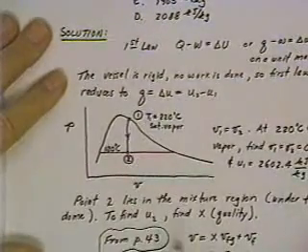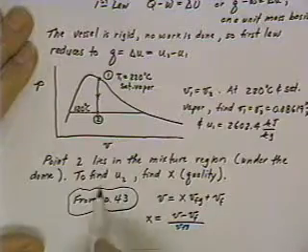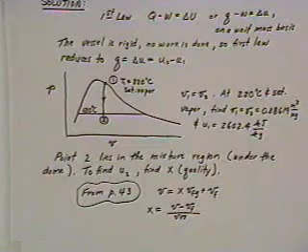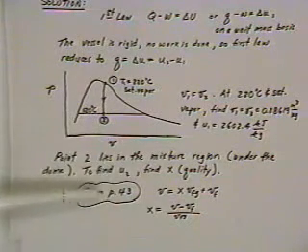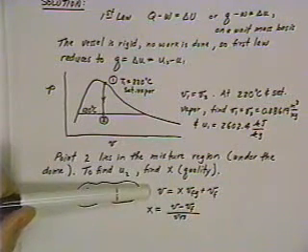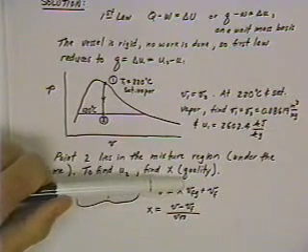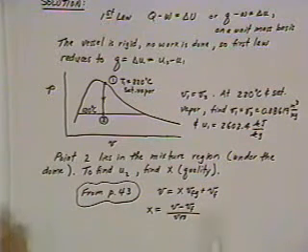Okay, so point 2 now lies in the mixture region, so it's under the dome. And in order to find U2, we've got to find the quality. Since this is a constant specific volume condition, from page 43, we have the relationship that the specific volume at any point under the dome is equal to the quality, X, times VFG, which is the difference between the specific volume at saturated vapor conditions and the specific volume at saturated liquid conditions, plus VF.